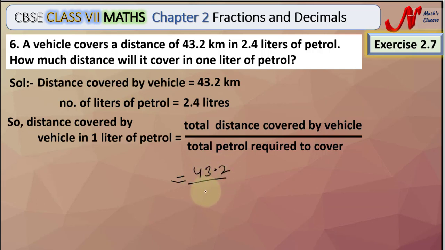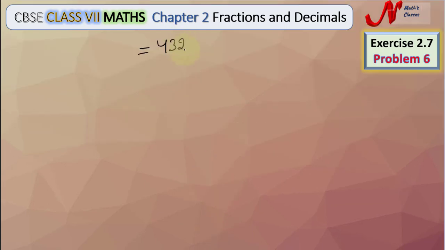Which can be written as 43.2 by 2.4. So shift the decimal point to the right by 1 place, and in the numerator also shift the decimal point to the right by 1 place. So it can be written as 432.0 by 24.0. It can be written as 432 by 24. By cancelling, 2 ones are 2, 2 twos are 4, 2 twos are 4, 2 ones are 2, 2 sixes are 12.